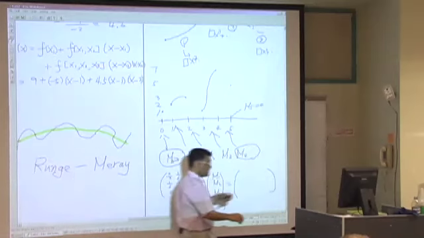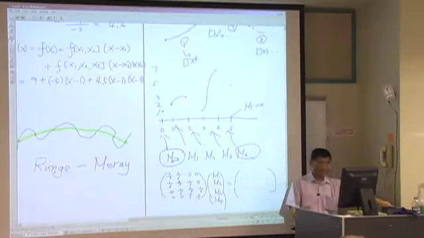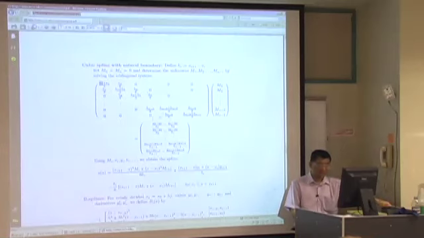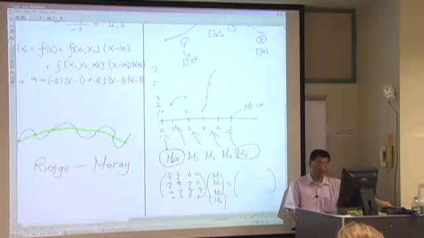And the right-hand side, has what? y2 minus y1 over h1 minus y1 minus y0 over h0. Because of this reason, we can say y2 minus y1.